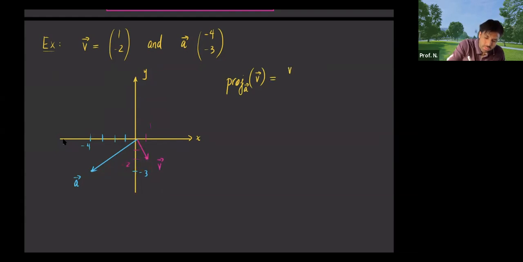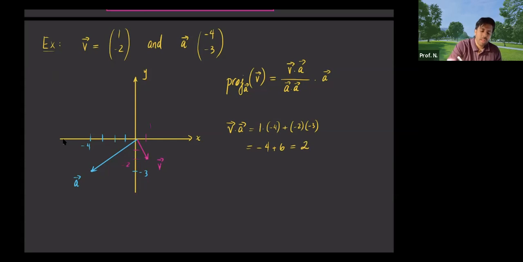Using the formula, we get V dot A over A dot A times the vector A. So what is V dot A? It's going to be 1 multiplied by -4 plus -2 multiplied by -3. I get -4 plus 6, which equals 2.